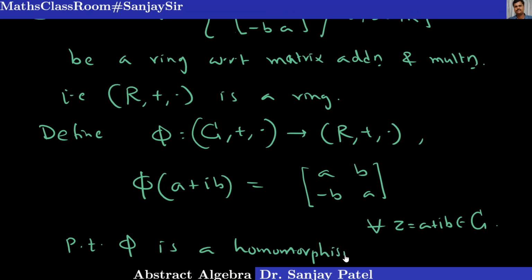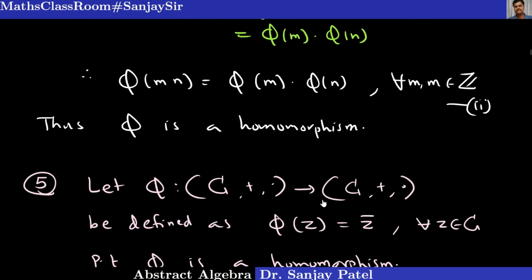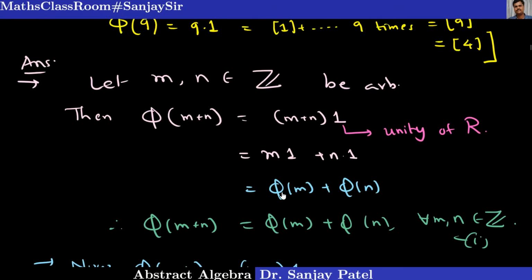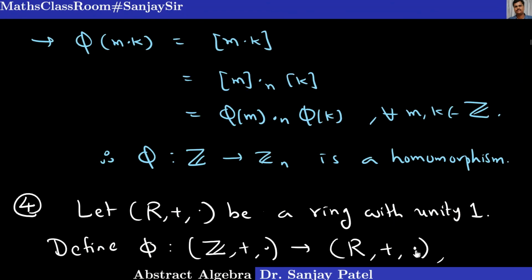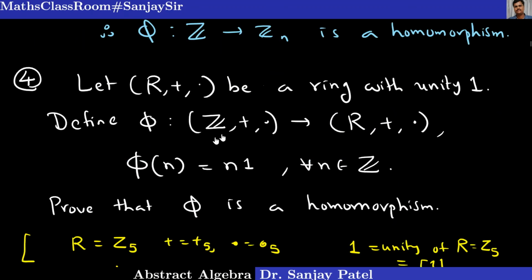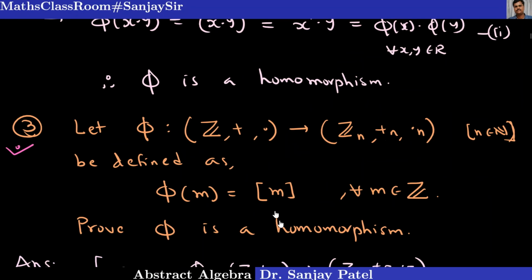So these are the various examples, but out of these examples, remember that this one, phi of n is equal to n into 1, where phi is a function from Z to R. And problem number 3 is also very, very important.